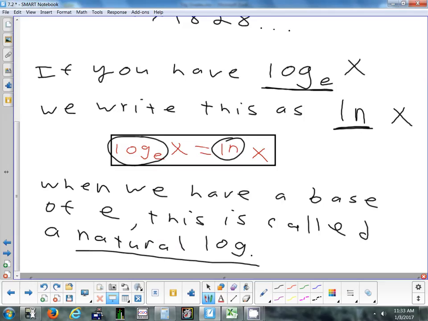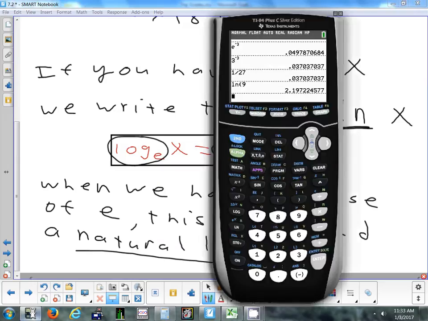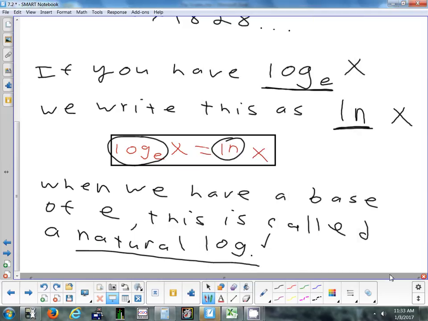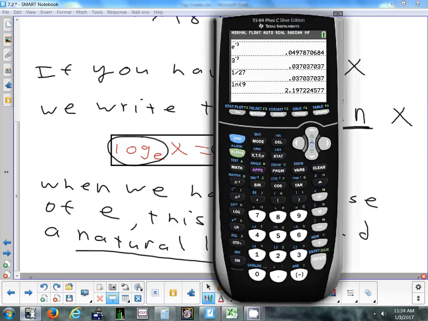On most calculators, there's only 2 logs that you can type in directly. This is one of them. You can type in the natural log to a calculator, as long as you have a button that says ln. If you don't have an ln button, then chances are you probably don't have the one above it either.